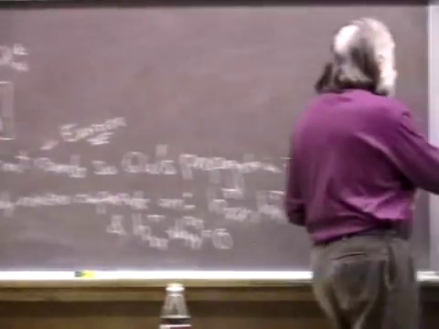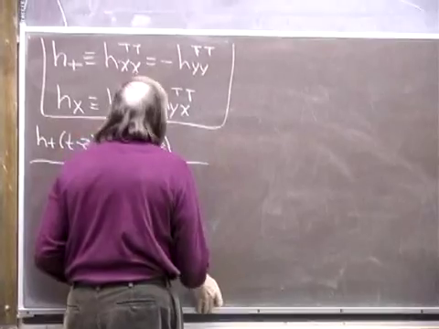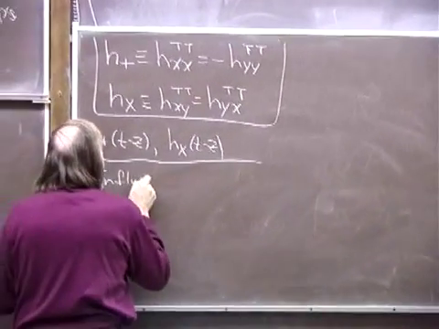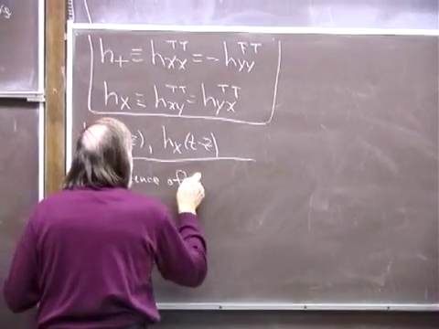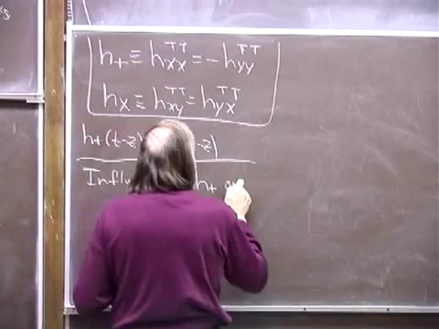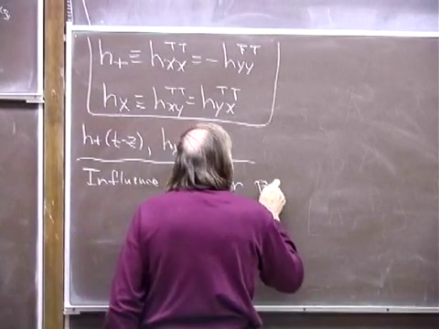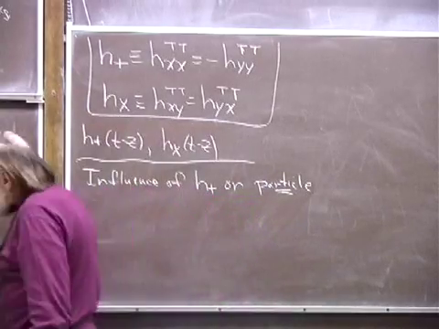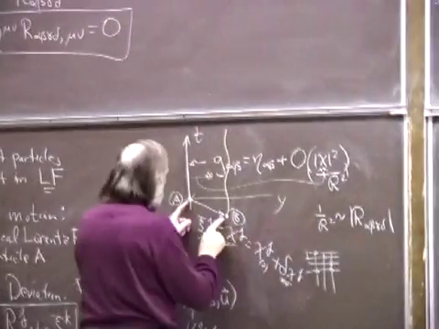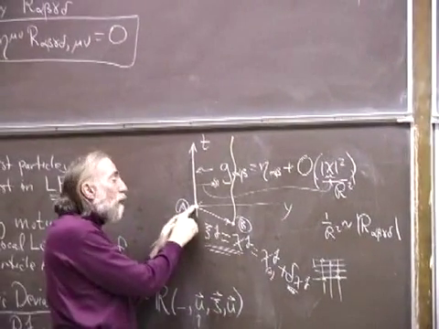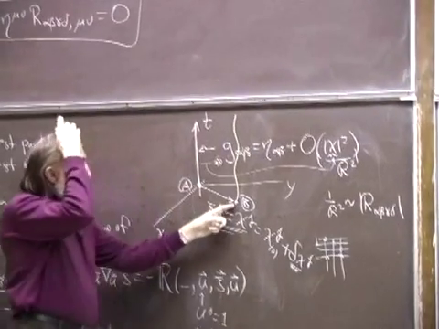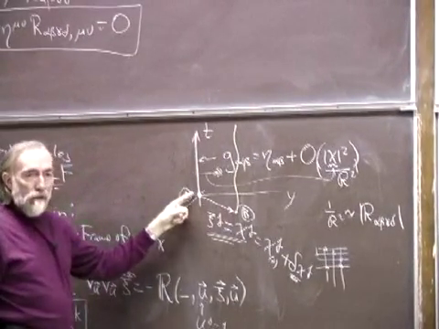Let's look at the influence then of H plus on the particle. I remind you again, this particle would be one of the two proof masses of LISA along one of LISA's arms, the other one being here, or if LIGO were out in space, it would be, say, the end test mass of LIGO, where this is the corner test mass.